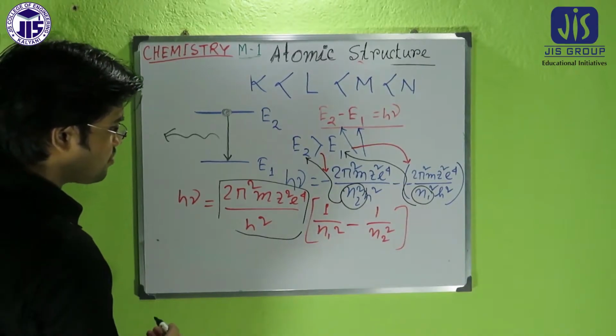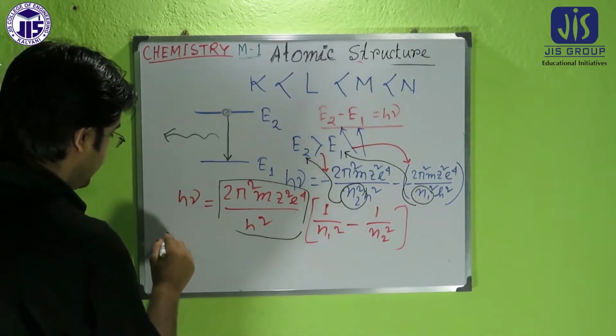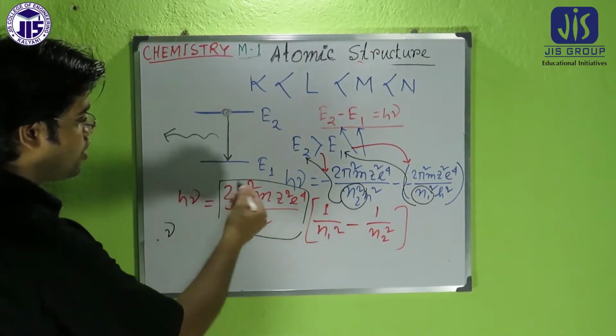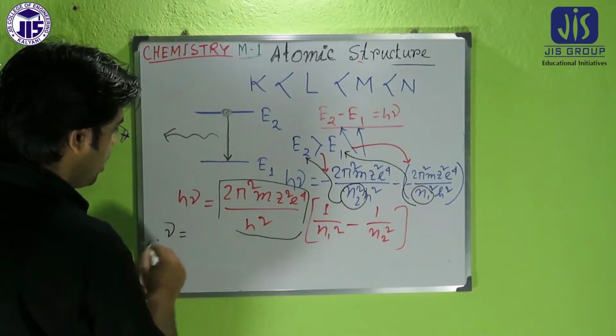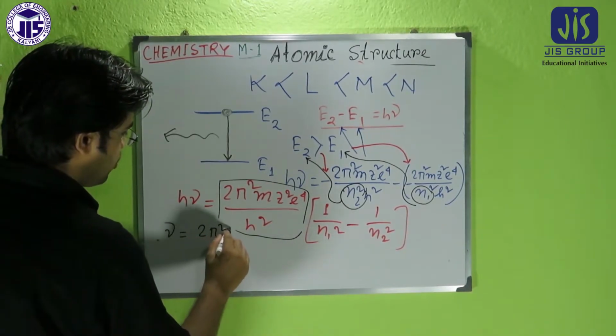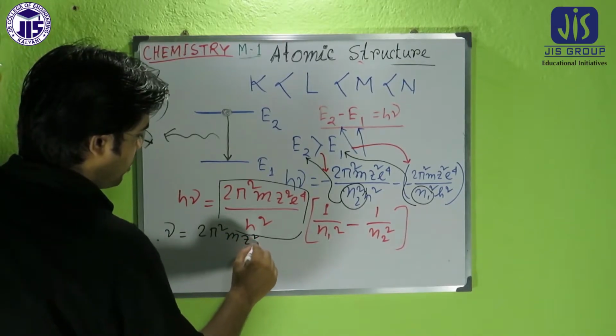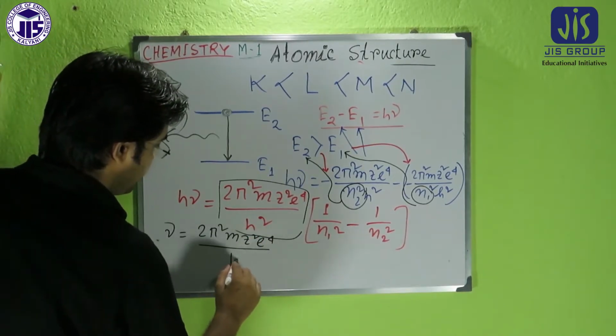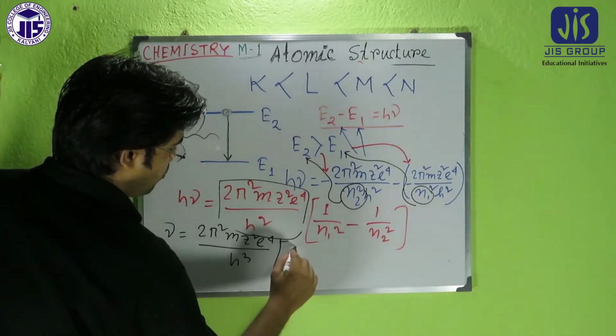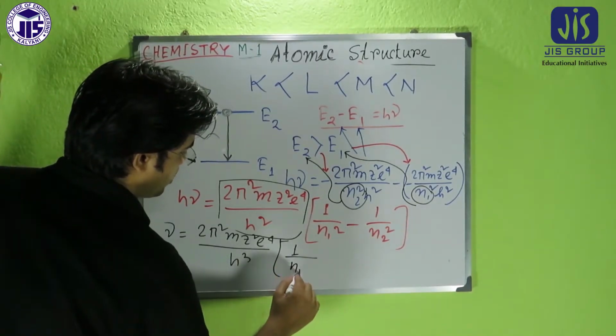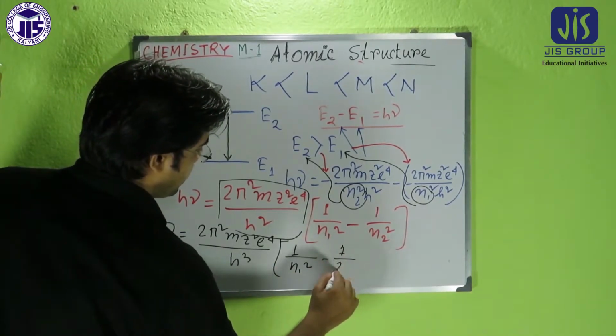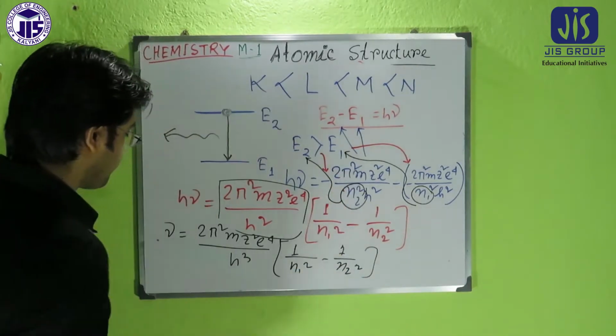Then again we can write that it is actually h nu, so nu is equal to 2 pi square m z square e to the power 4 by h cube, times 1 by n1 square minus 1 by n2 square.